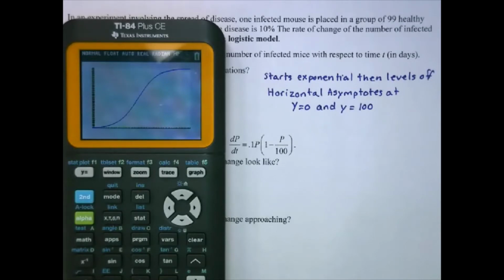So horizontal asymptotes at y = 0 and y = 100.